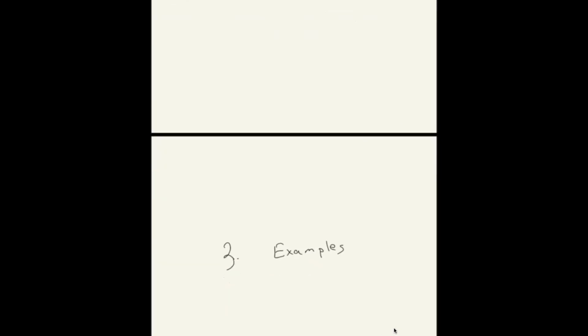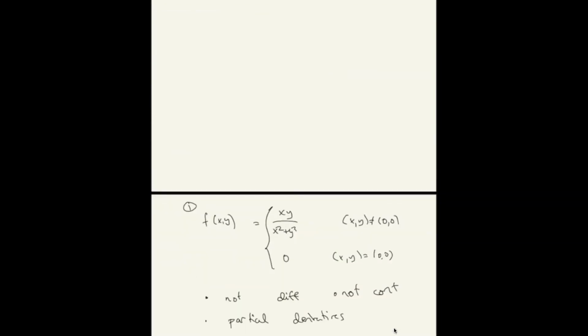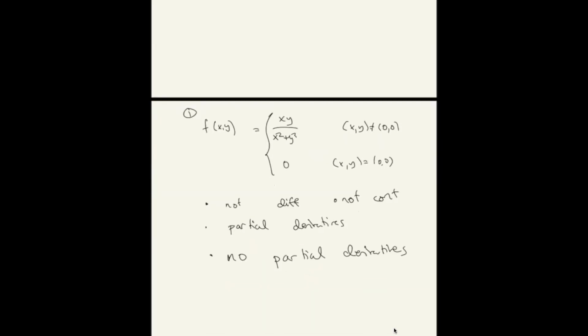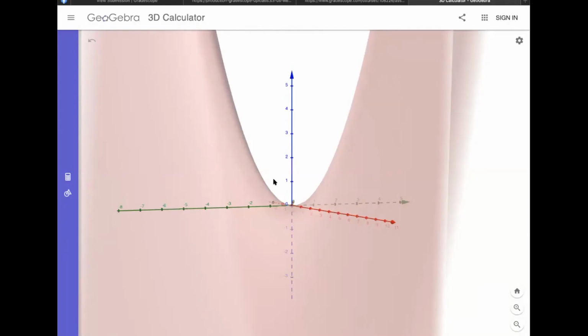So let's look at some examples. I don't think it's worth even doing these calculations in this lecture. They are written in the notes. I'll just show you the pictures, what these look like. So what does a differentiable function look like? Well, this is a simple function, x times y, its graph.